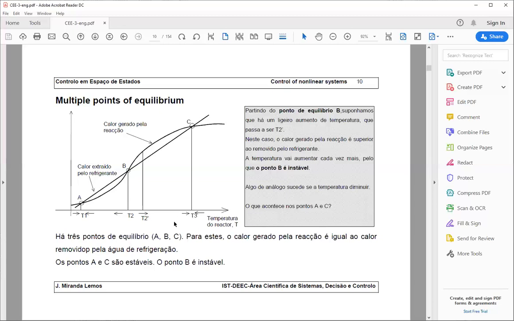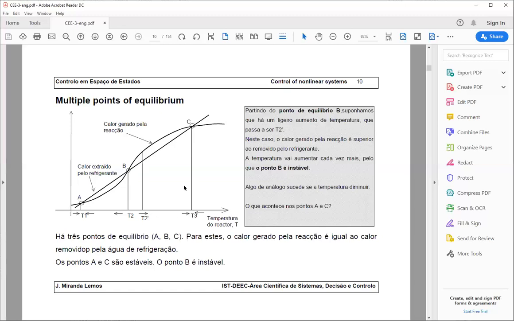And you can do a similar reasoning for points A and C and conclude that A and C are stable equilibrium points, so that if the temperature increases by some value, then you will return to the equilibrium temperature, provided that the change is not so big. So we have an interesting thing here, which is, first, we have three isolated equilibrium points.